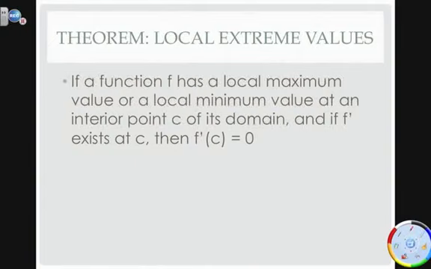Okay, we have a local extreme value theorem, actually. If a function f has a local maximum value or a local minimum value at an interior point C on its domain, and if f prime exists, so now we've connected to our calculus, then f prime at c equals 0. And this is actually something we've kind of done a little bit.